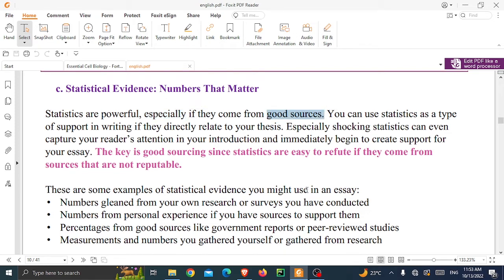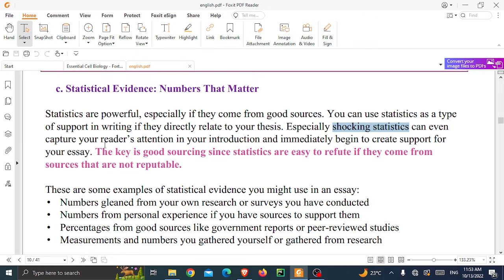So you can use statistics as a type of support in writing if those statistics or numbers are related to your thesis or the essay that you are writing, especially shocking statistics, like statistics that no one knows about or no one looks after, or someone thinks that a certain topic will have a certain statistic, but it comes out in a way that you don't expect.